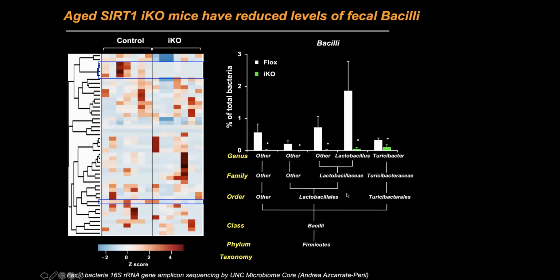And all 5 of them belong to the class Bacilli, including the most abundant, Lactobacillus. As many of you know, that is one of the major components in the probiotics available in the market.